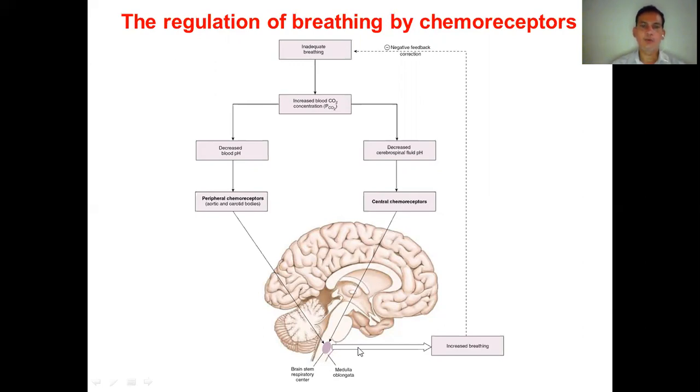Now this medulla oblongata again will lead to an increase in the breathing mechanism. So in a way, if there is inadequate breathing or more accumulation of carbon dioxide, it will lead to the activation of the peripheral chemoreceptors as well as the central chemoreceptors. And that will send a message to the medulla oblongata, and that will lead to an increase in the breathing.